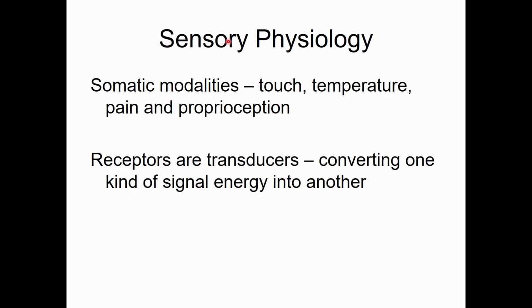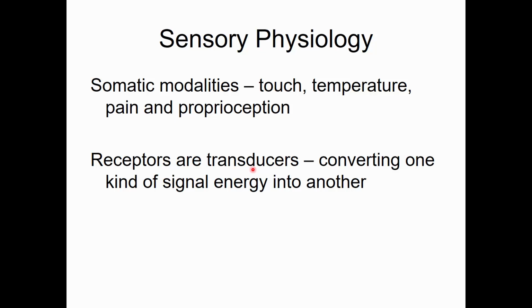So as I said before, in the somatic nervous system out in the body, we have touch, temperature, pain, and proprioception in terms of our modalities. And these sensory receptors perform a function called transduction, basically converting one kind of signal energy to another kind of signal energy. So pain energy gets converted to an electrical signal.